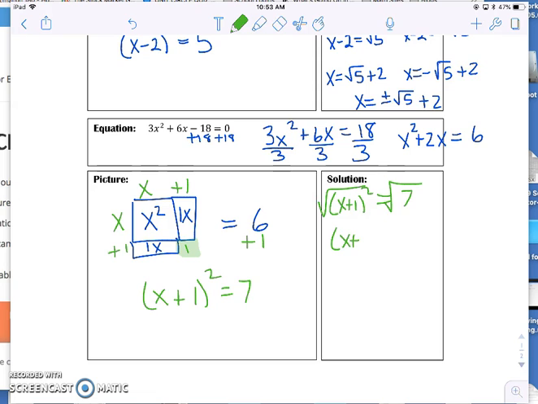We have x plus 1 equals the square root of 7. X plus 1 equals negative square root of 7. So if we solve it, we'd have x equals plus or minus the square root of 7 minus 1.